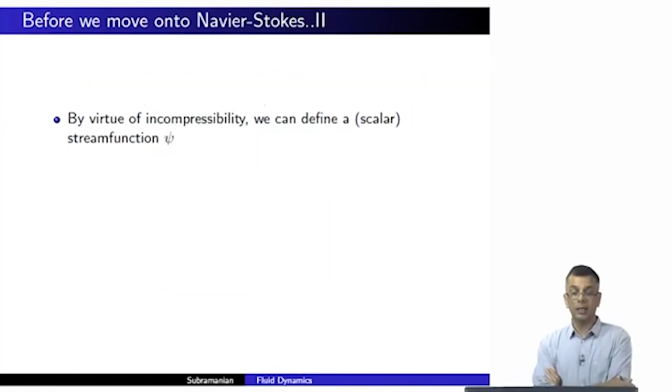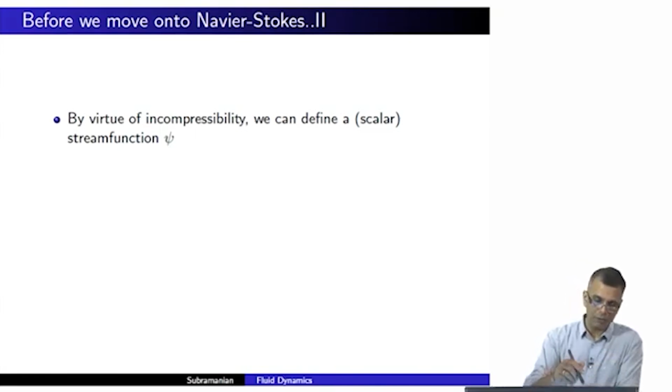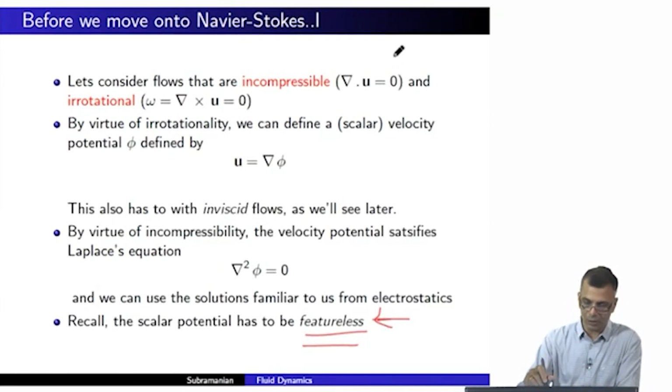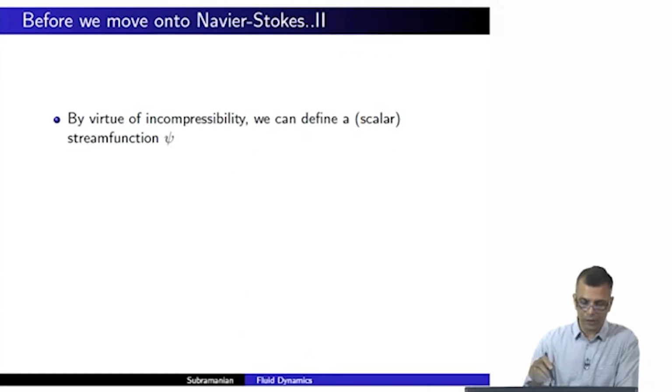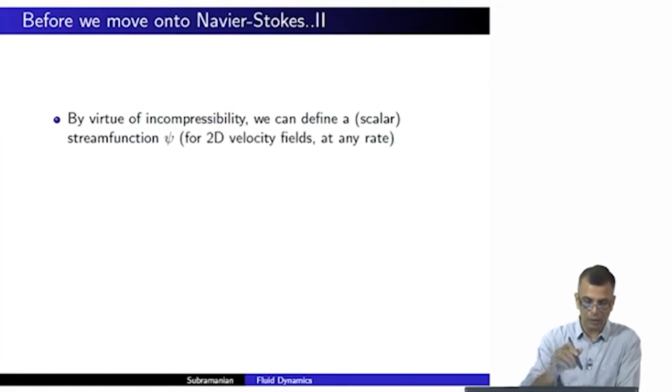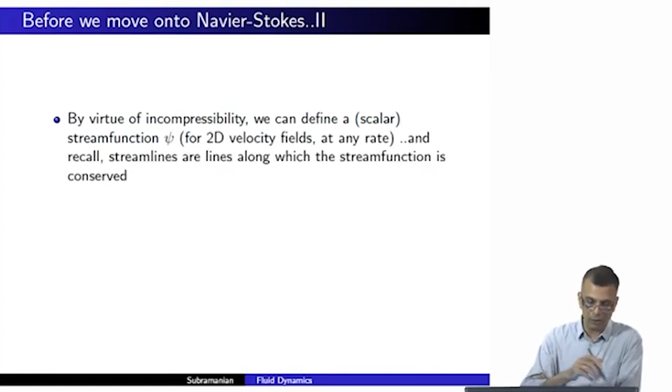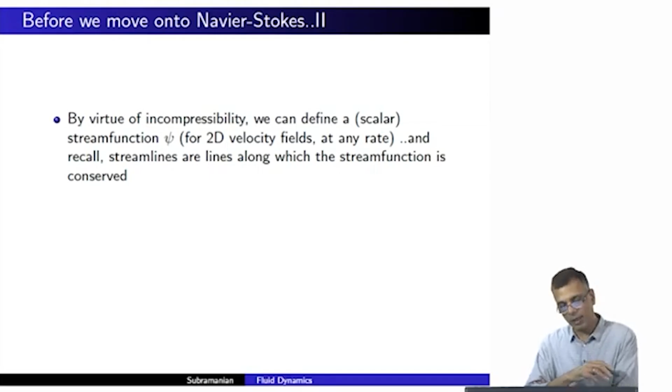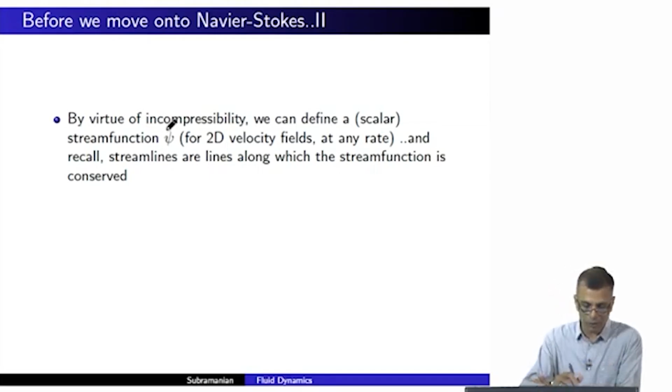The other thing to remember is that by virtue of incompressibility, by virtue of this condition, you can define a scalar stream function psi. Well, it's for 2D velocity fields at any rate, and recall streamlines are lines along which the stream function is conserved.